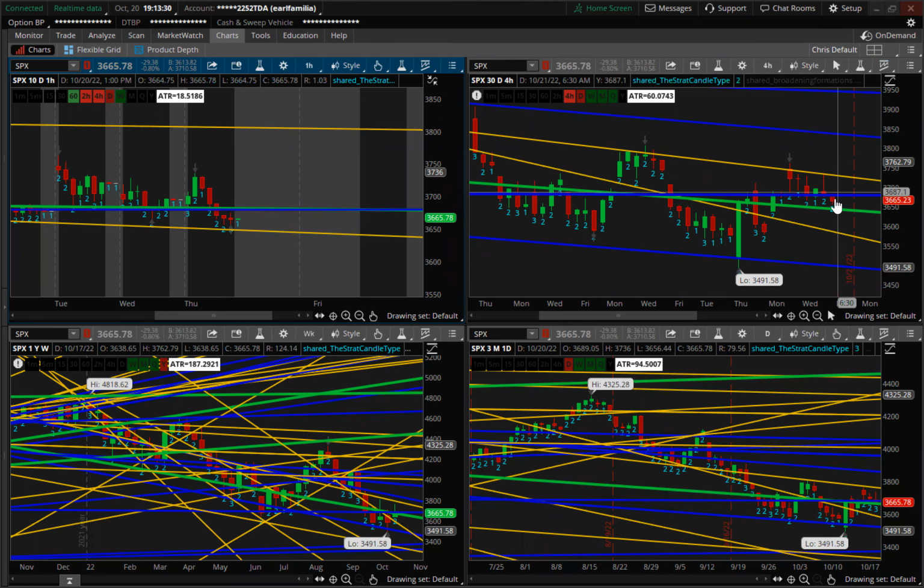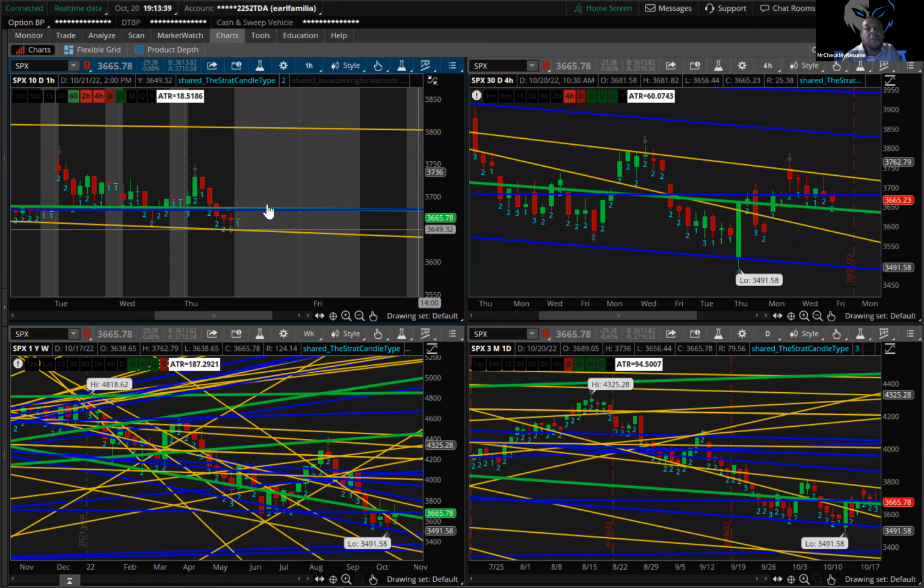Even with the red 2 down, we may open up inside, but I could see a scenario where we go back and retest these broad formations to the upside. We have to see what happens at that level, but maybe we try to go back to 3,700. I see a potential bull case here.